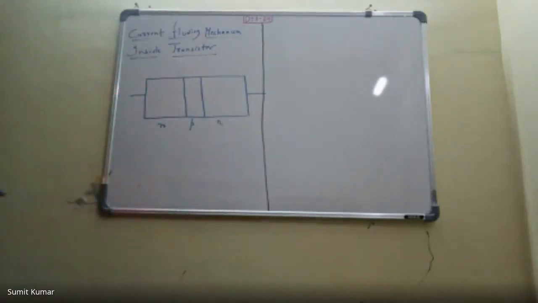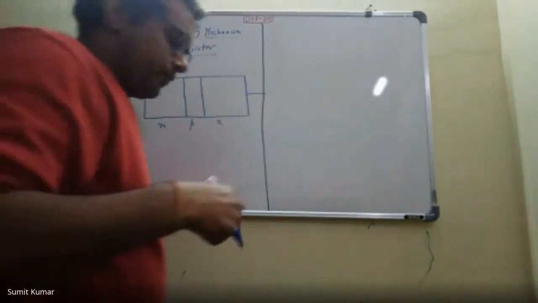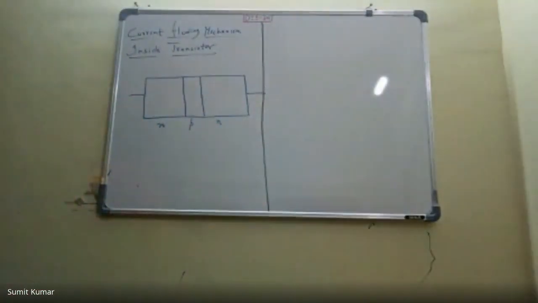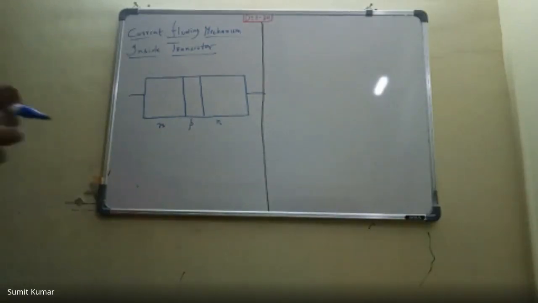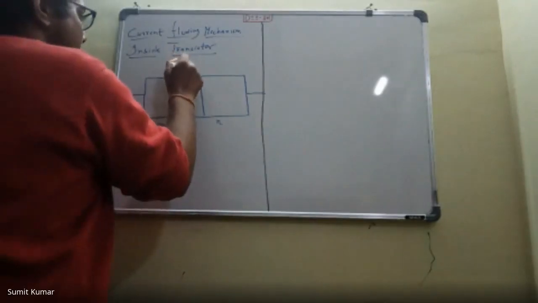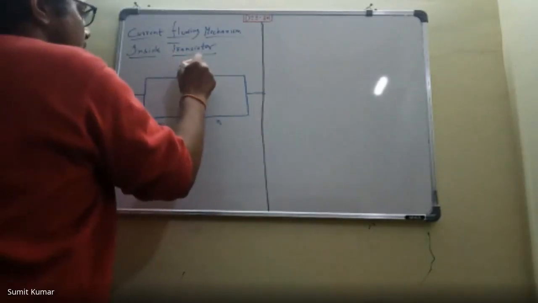And what we need to understand in normal operation of the transistor, and normally we use the transistor as an amplifier. So here we have two junctions. This is junction 1 and this is junction 2.